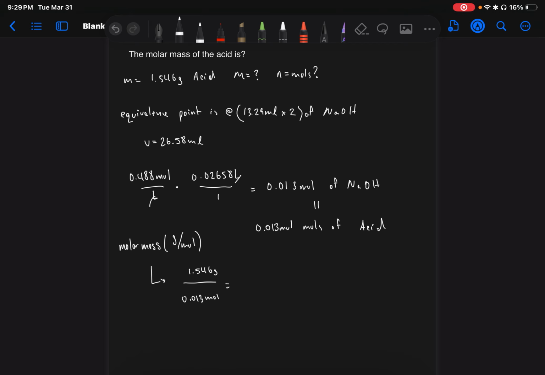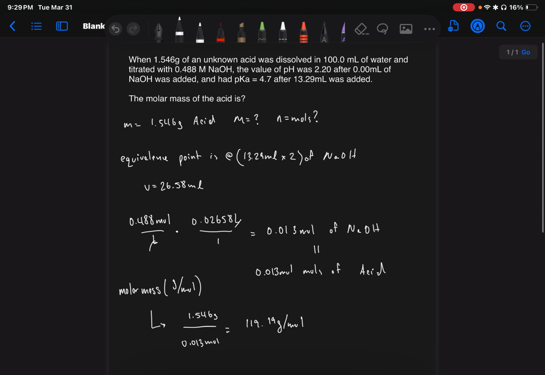Now we just divide that. Should get a value of 119.19 grams per mole. And that should be the answer.